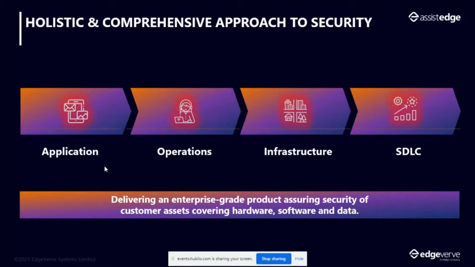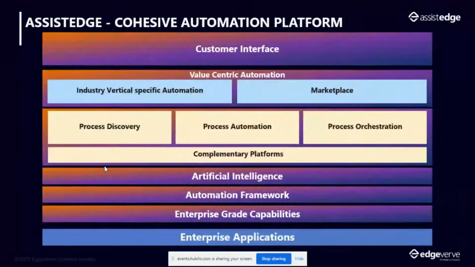We have endorsements by leading analysts through specific mentions in MarketScape's leadership quadrants, Wave publications, and so on and so forth. And the 19.0 release continues to build up on the same and deliver enterprise-grade security promises and the features that are covered. Let's move to the next slide.